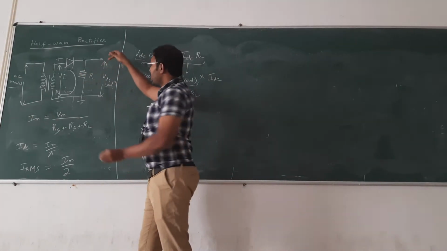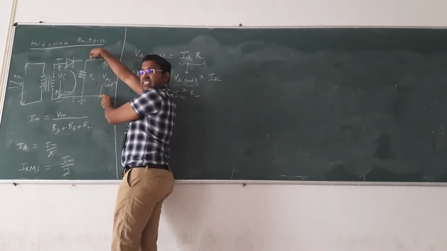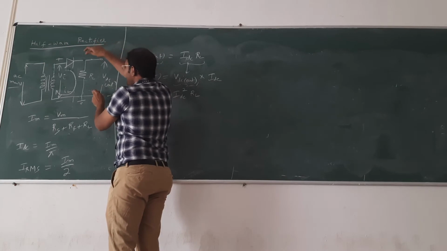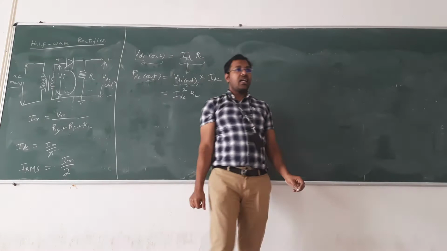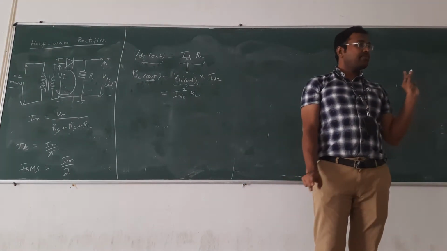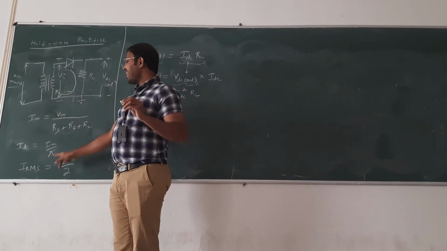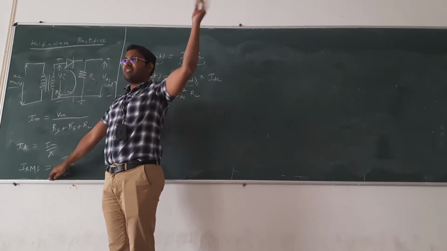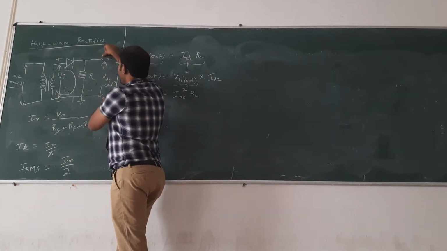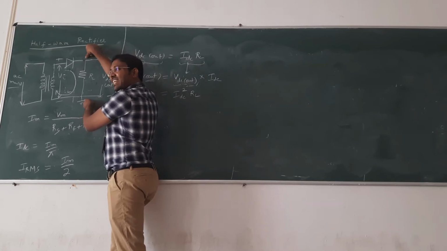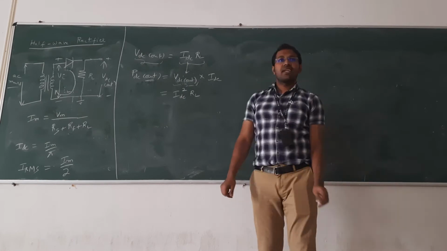VDC out will be the DC component of the voltage here, which will be IDC multiplied by R. Ohm's law, simple Ohm's law. What is the DC current here? IDC. What is the AC current here? IRMS. We will see later. So the DC output voltage will be the DC current here multiplied by RL, so IDC into RL.